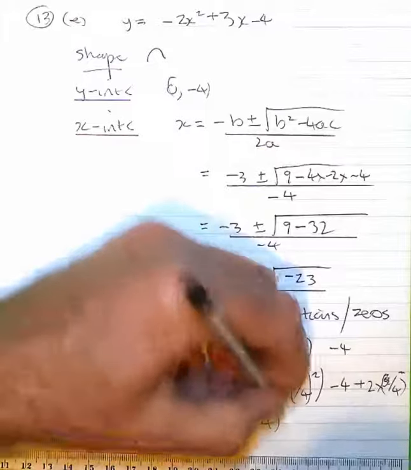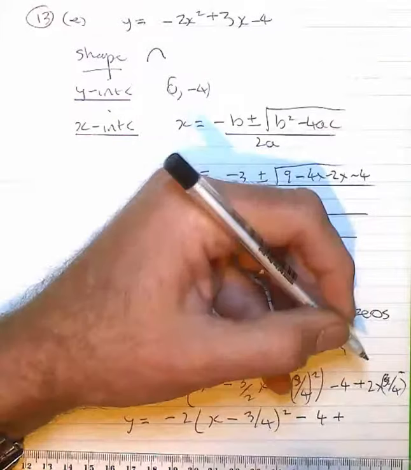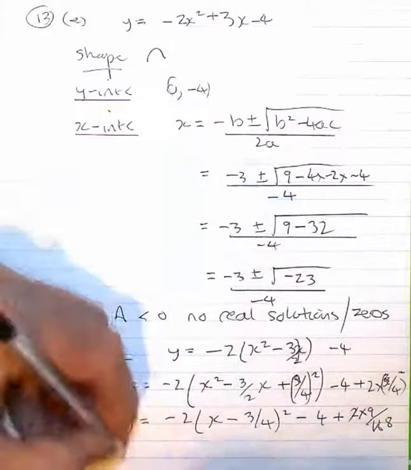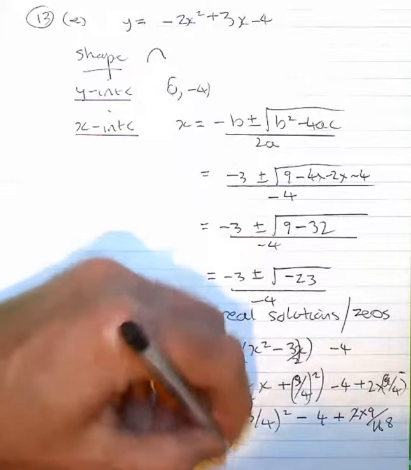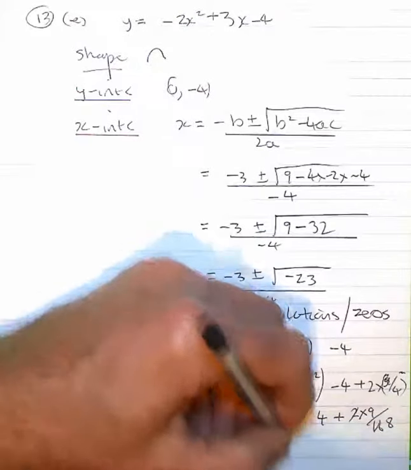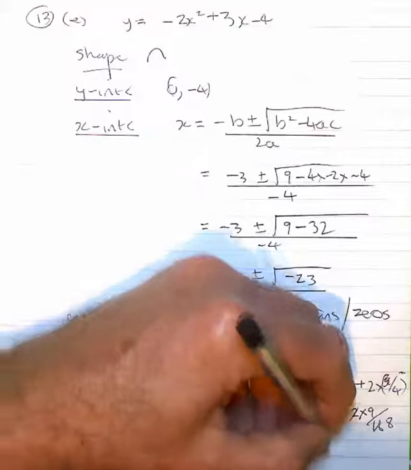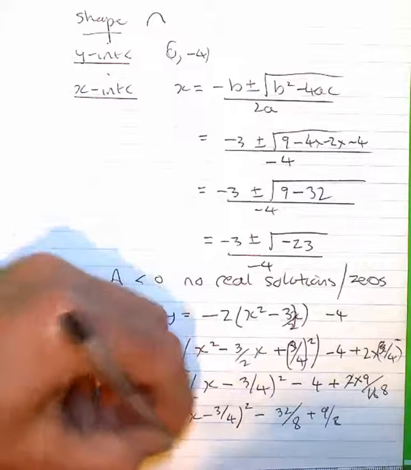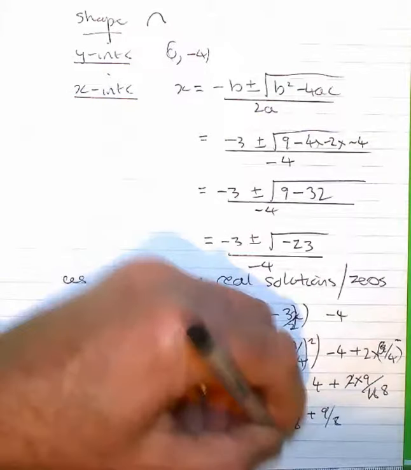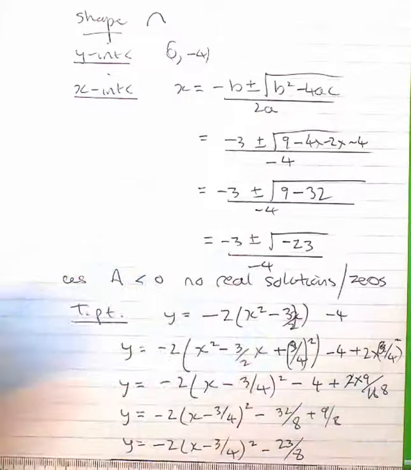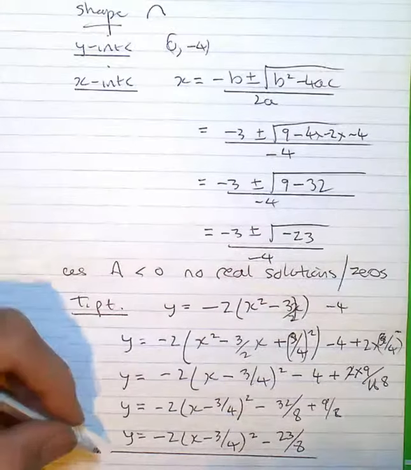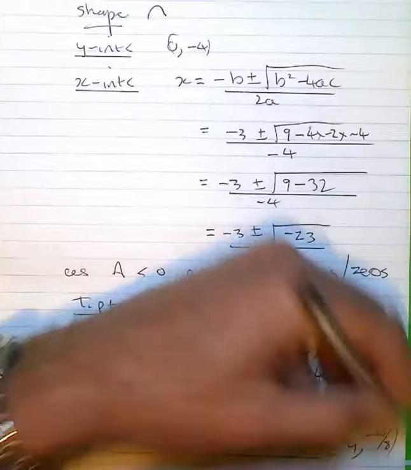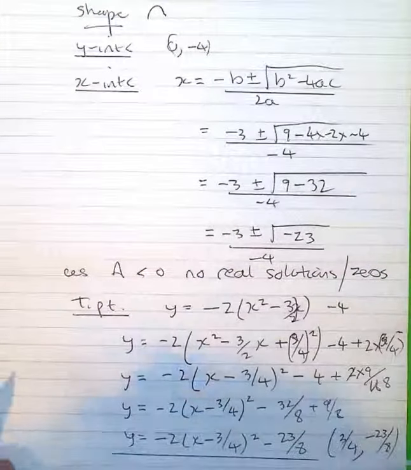It's minus 3/4 all squared. So we can state the turning point is at 3/4, negative 23 over 8. So armed with those bits and pieces, I can quickly sketch the graph.